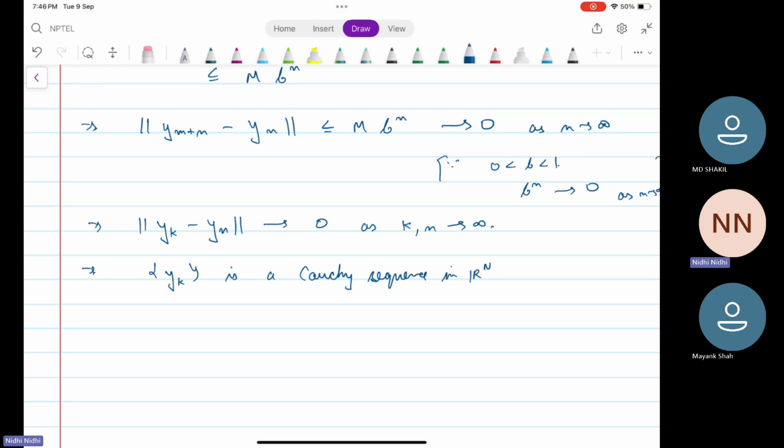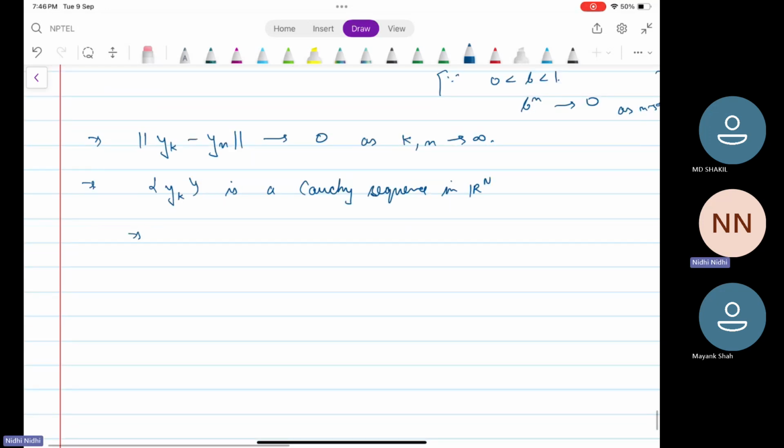Since Rn is a complete space, this implies yk converges to some y naught in Rn. Now, we don't know whether this y naught is in the ball or not.